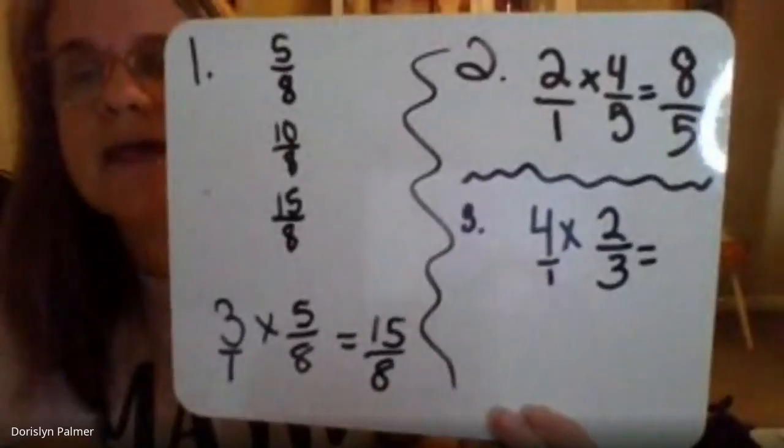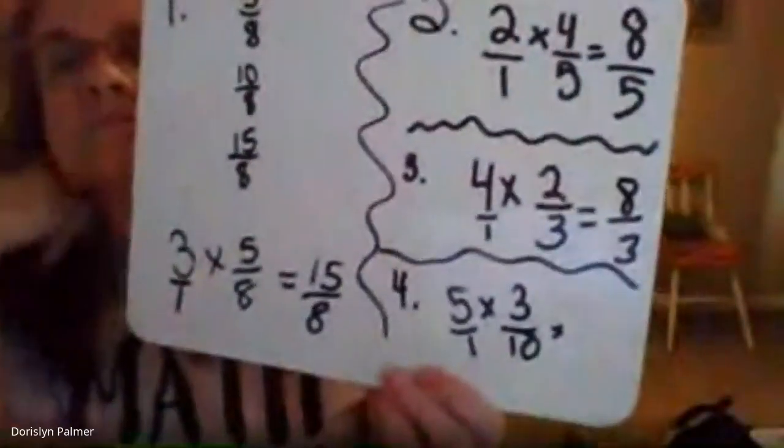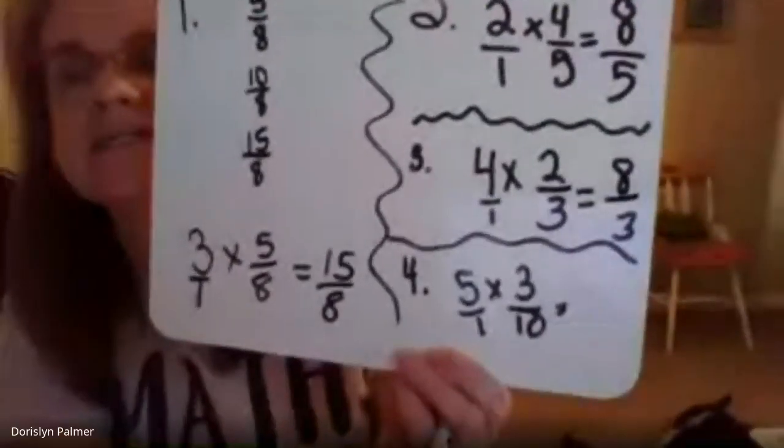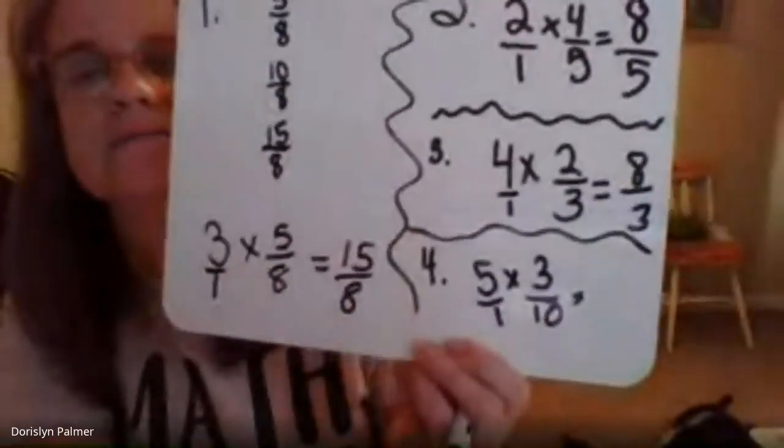Good. 8/3 is correct. Number 4, 5 times 3/10. That goes to Connor. 15/10. Very good. Excellent.